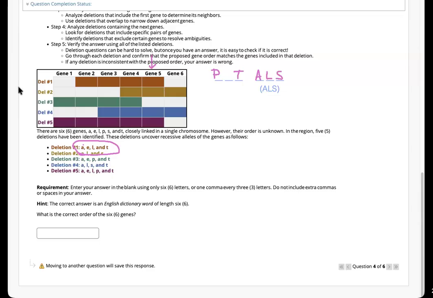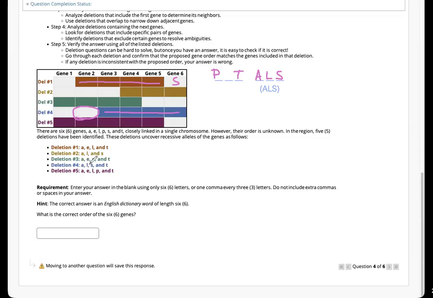Now, we can be strategic and try to determine the last one, or we can know that there are 5 different letters, and whatever letter is missing, we can add there. Maybe you figured that out, but we're interested in this one right here. Maybe we can compare deletion 1 and deletion 4. We know that one's going to be S, but whatever one is present in 1 and not in 4 would be our answer for gene 2.